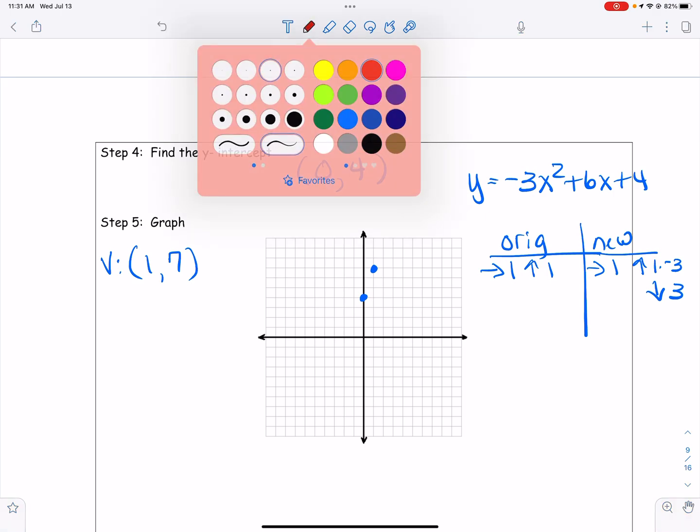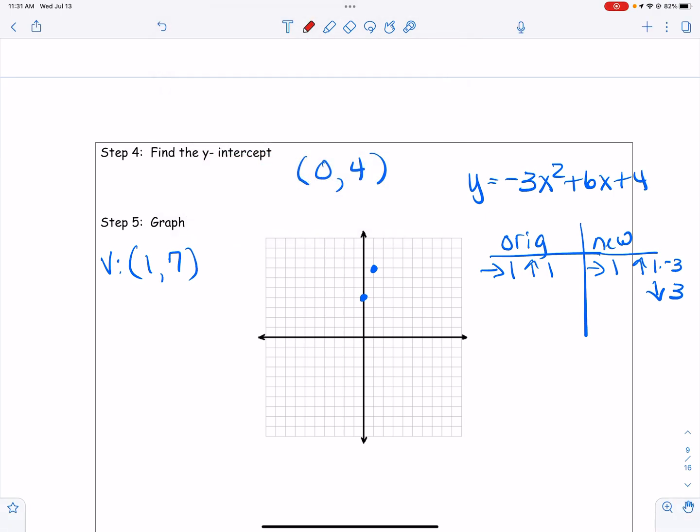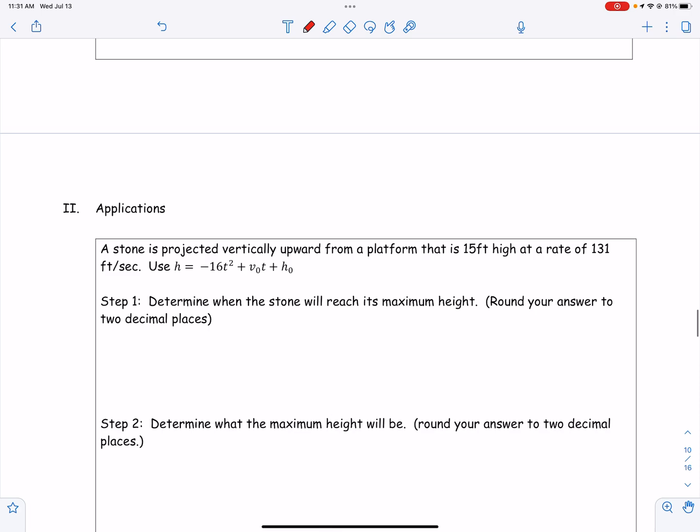So to get my next point, I could add 1, that's the right 1, minus 3, that's the down 3. So I would be at (2, 4). So I would be right here. And there's my 3 points. And basically you just need 3 points to graph that parabola. All right, we're going to stop here and then I'll make another video for the applications.